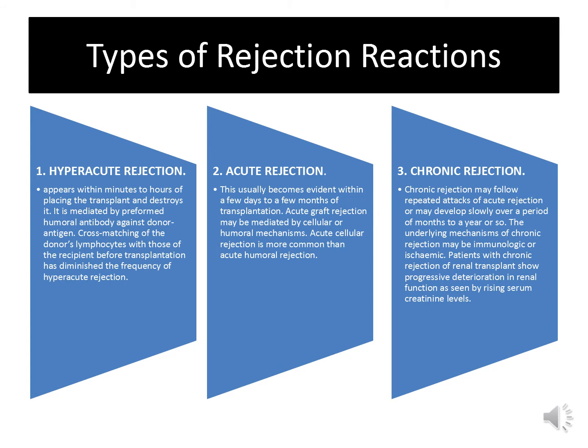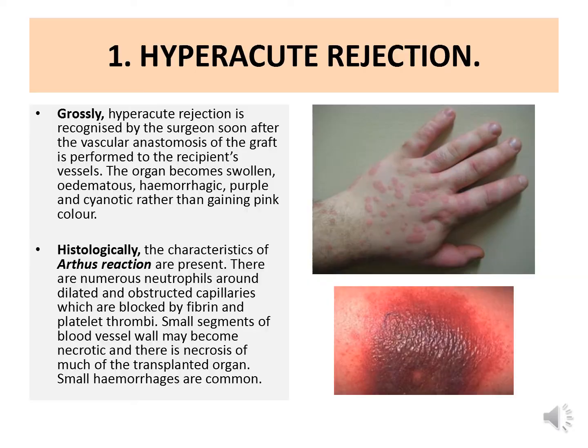Chronic rejection may follow repeated attacks of acute rejections or may develop slowly over a period of months to years. The underlying mechanism of chronic rejection may be immunologic or ischemic. Patients with chronic rejection of renal transplant show progressive deterioration in renal function as seen by rising serum creatinine levels.